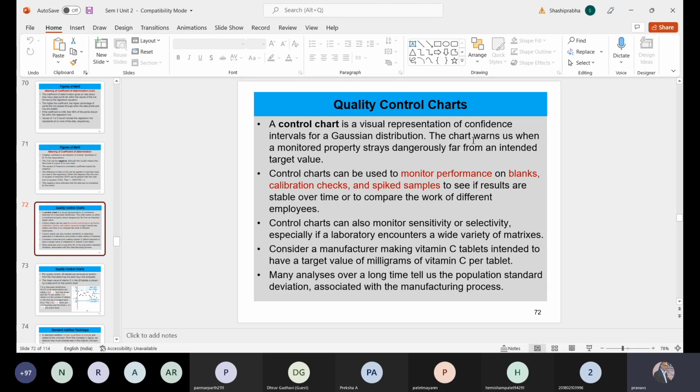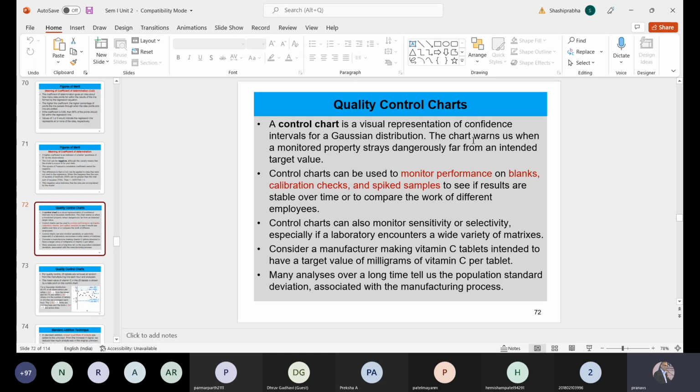Quality control charts can also monitor sensitivity or selectivity, especially if a laboratory encounters a wide variety of matrices. This is a higher order of display where quality control charts can be used to monitor sensitivity also, which as of now we don't generally use for measurements.